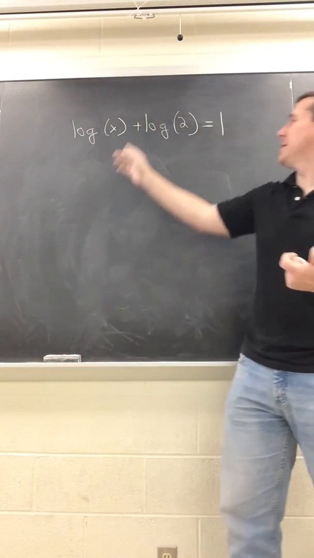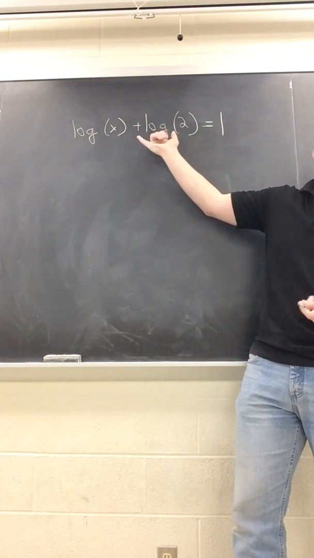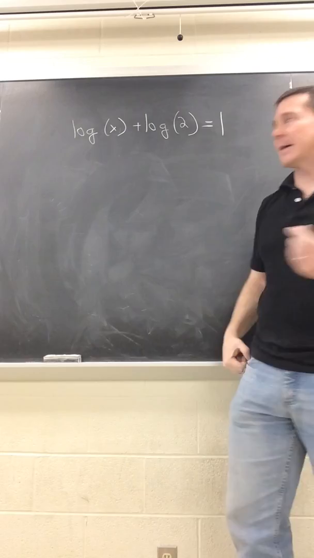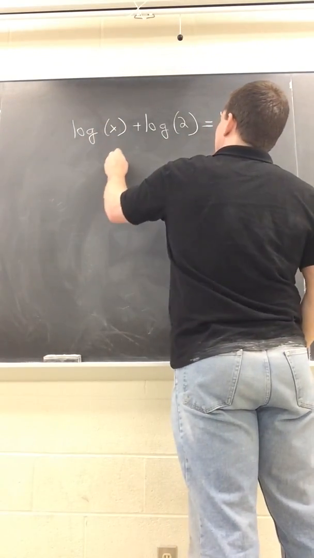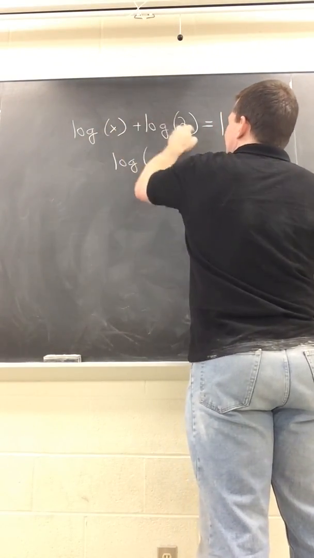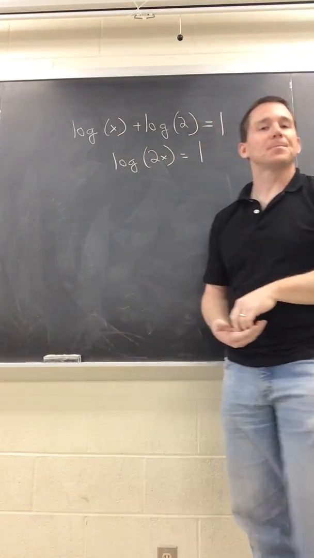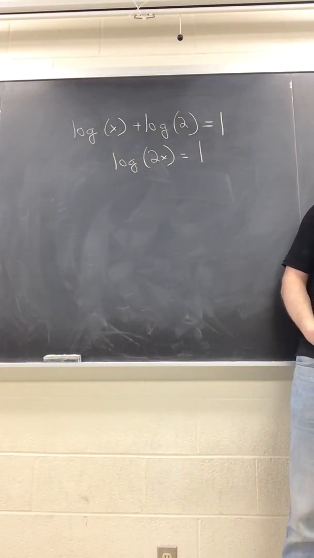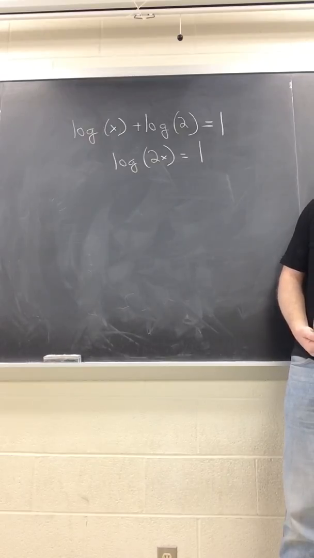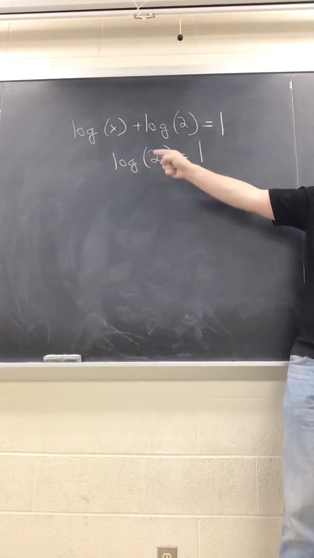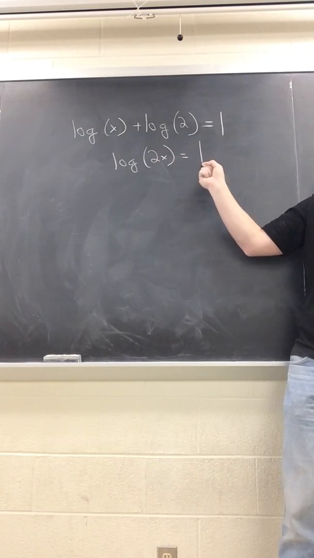Well, I do have a property that says the sum of two logs can be rewritten as log of the product. So I can join these together and get log of x times 2, which is 2x, equals 1. Well, now what do? I want to bring the x outside the log. Now I have the log equals a number.